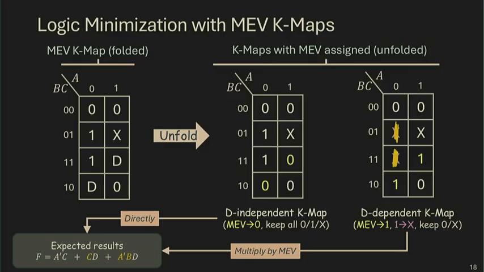Do you think we can just keep minterms to be 1s in this K-map?